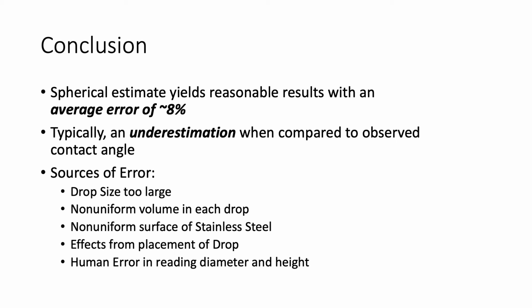Some of the general conclusions from the experiment are that I was able to determine the contact angle using the spherical method to have about an 8% variation between it and the observed contact angle.